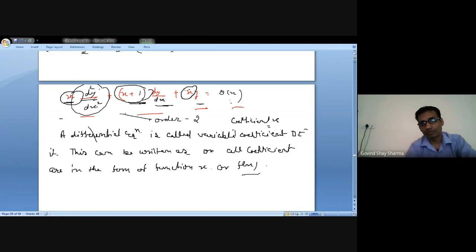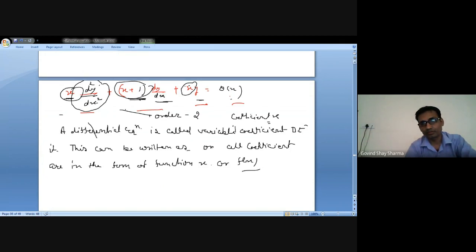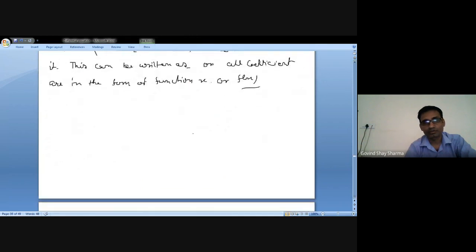So I am writing a differential equation like this: x square d2y/dx2, where the coefficient is variable, plus x dy upon dx plus y equal to 0.